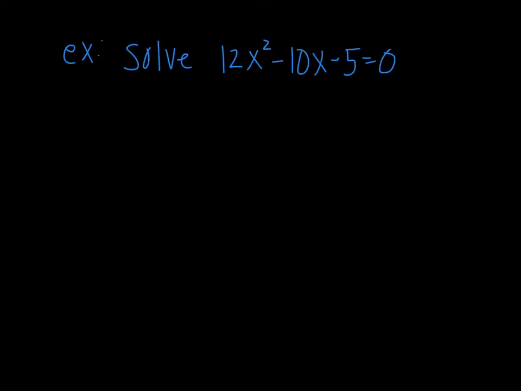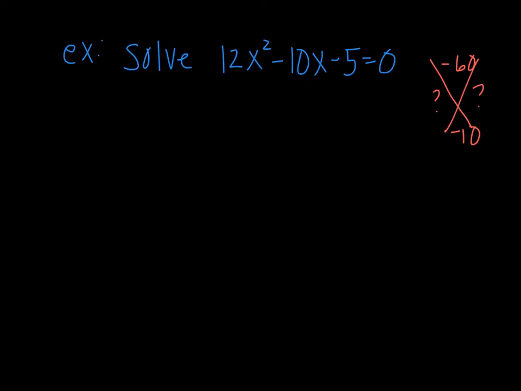So they want me to solve this quadratic 12x squared minus 10x minus 5. So if I try to factor this, I'd be looking for factors of negative 60 that add up to give me negative 10. And I'm not finding any numbers that work for me. So up until now, my options would be to complete the square, which again would be kind of yucky because I'd have to divide everything by 12 and it's just not going to be pretty.